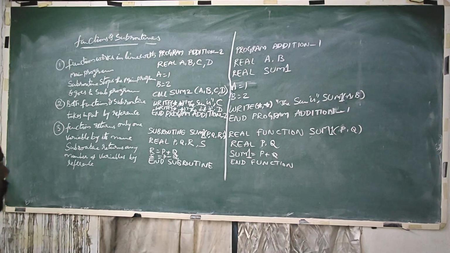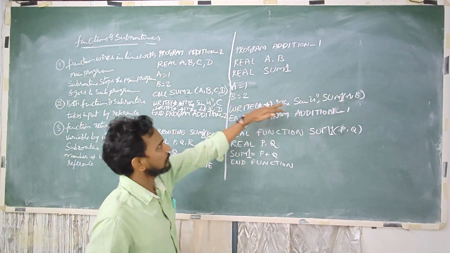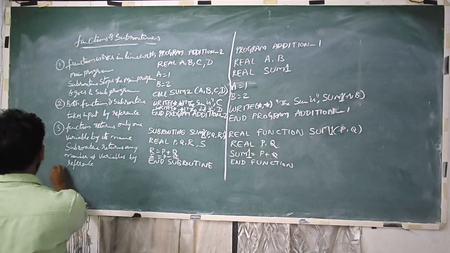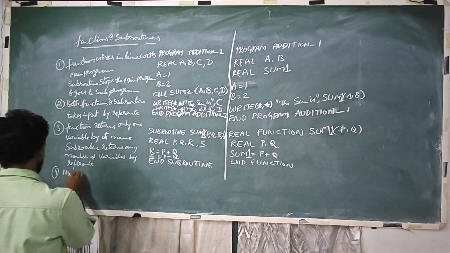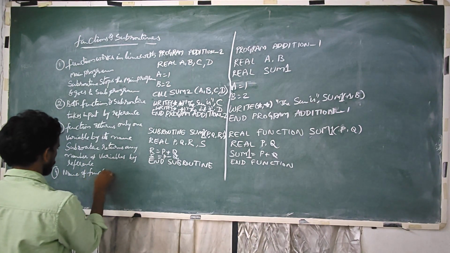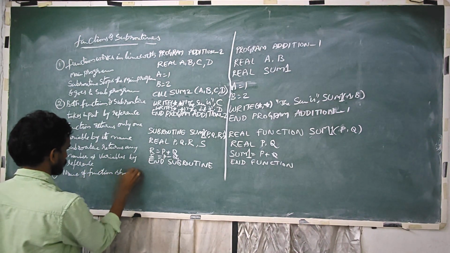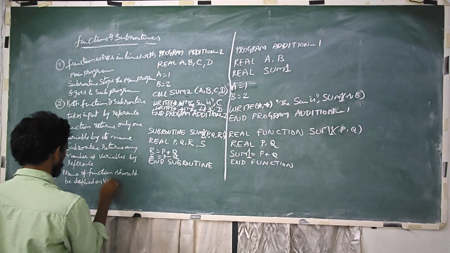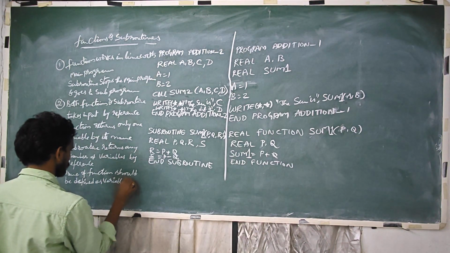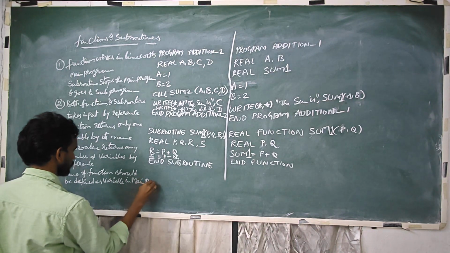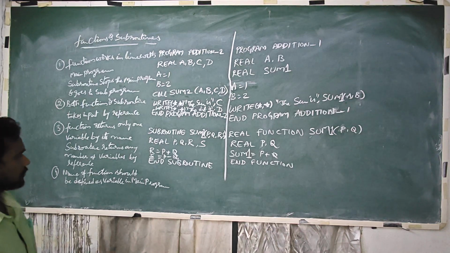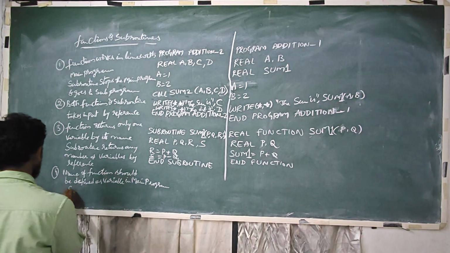So next observation is, here the name of the function should be defined as a variable in the main program, whereas a subroutine name has no significance.